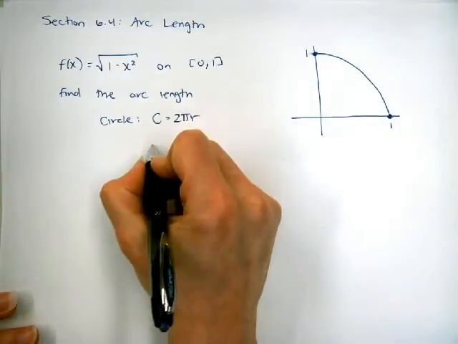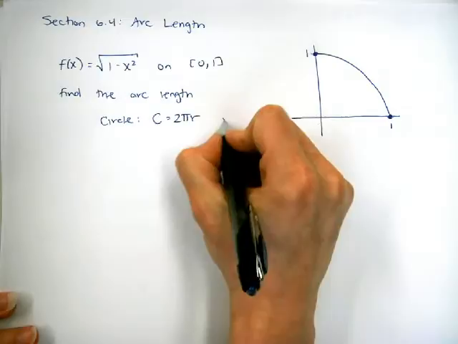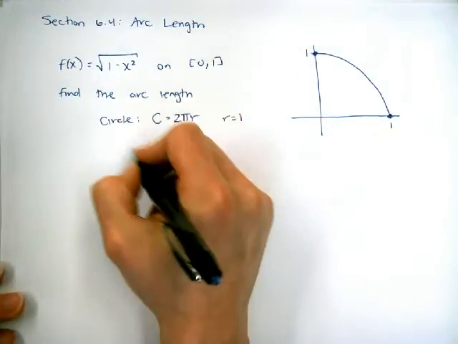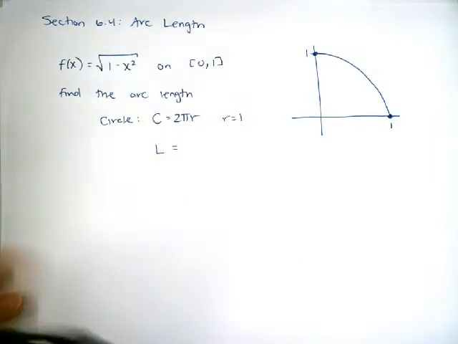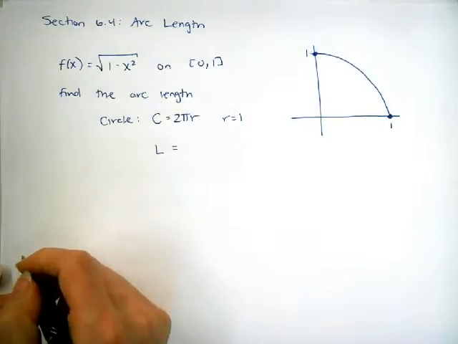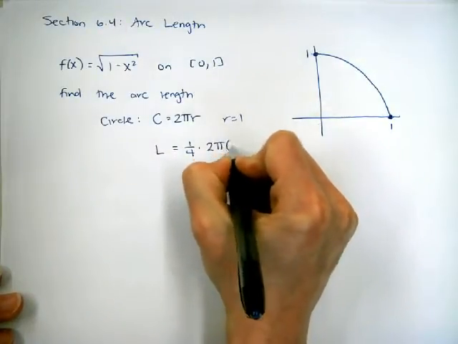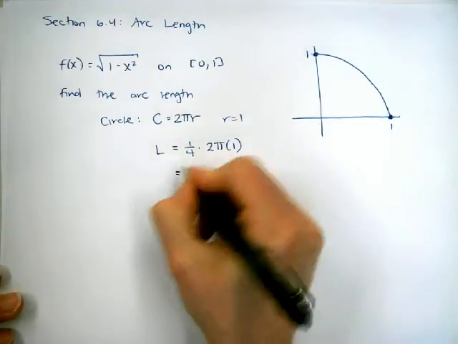In this case, the radius is 1, but I'm also only looking at a quarter of the circle. So here my arc length, which I'm going to call capital L throughout this, is going to be 1/4 of 2 pi times 1.